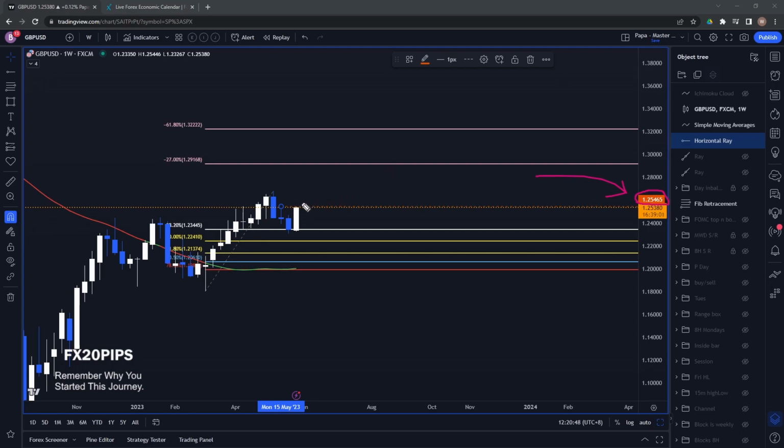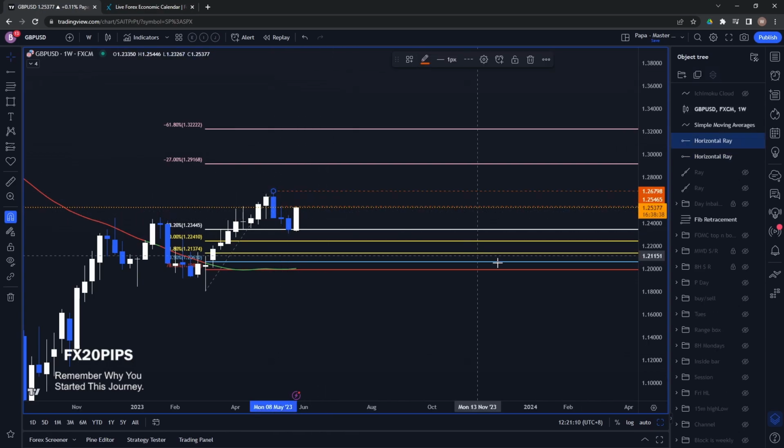If you close above that, or even try to have a spike up and close somewhere close, then again in terms of probability, there's a higher chance it's going to keep going up and retest this level again, and that is the level of 1.6798.